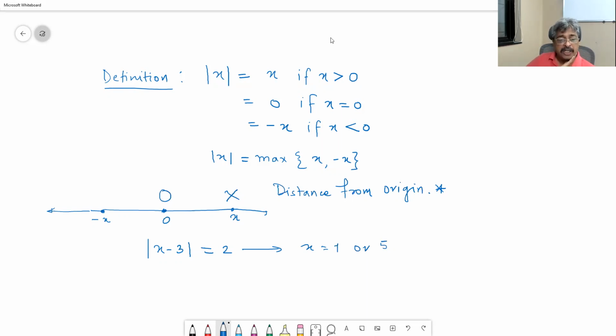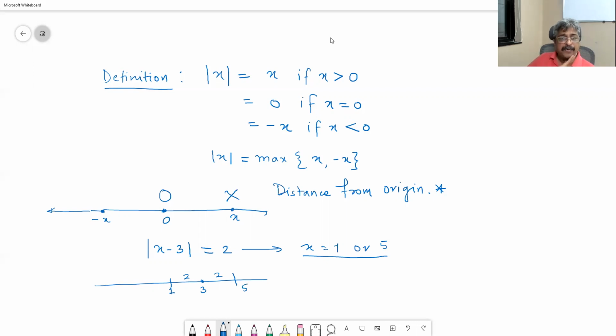Because if you consider the distance, now this is going to be distance from 3. The distance of x should be 2, on either side. So this should be 5 or this should be 1. That is what is our solution as far as geometry is concerned.